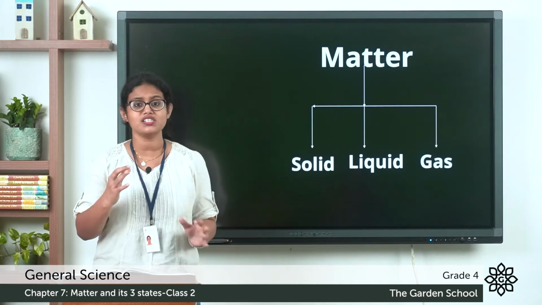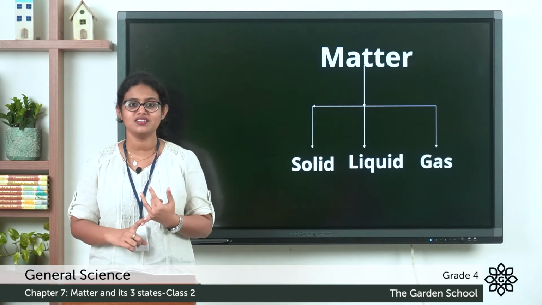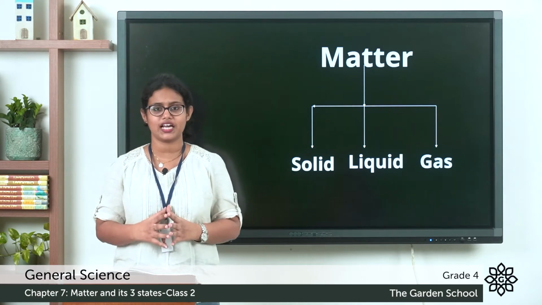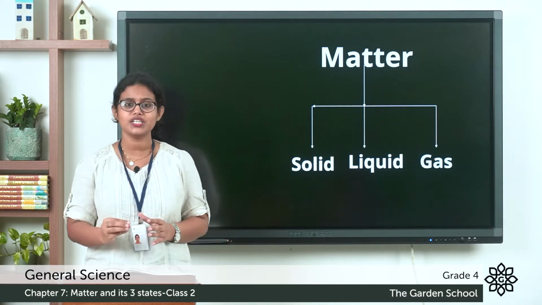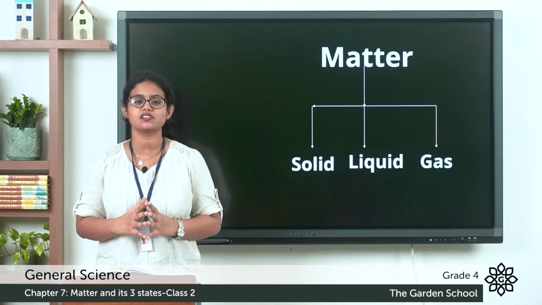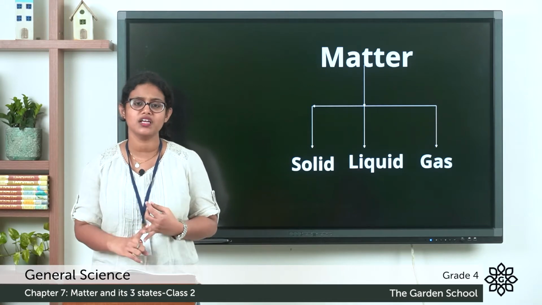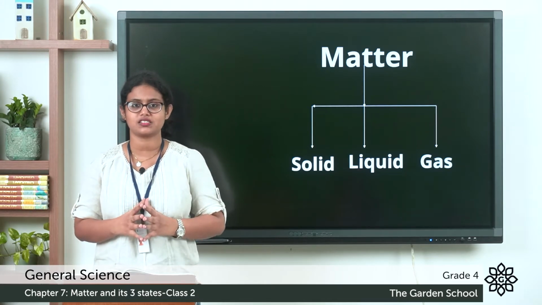You know which are the three states of matter? The three states of matter are solid, liquid and gas. In nature, water exists in all three forms, that is solid, liquid and gaseous state.